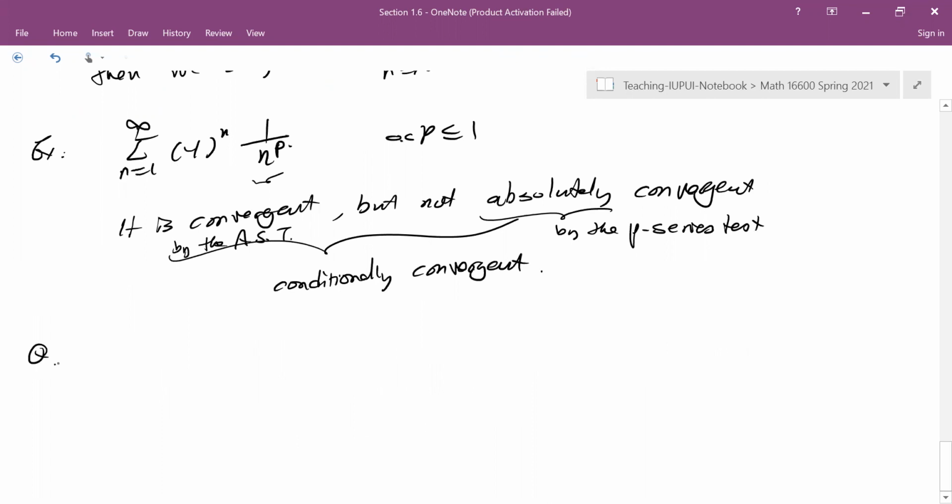Now we are able to study this problem: the series of cosine n over n squared.